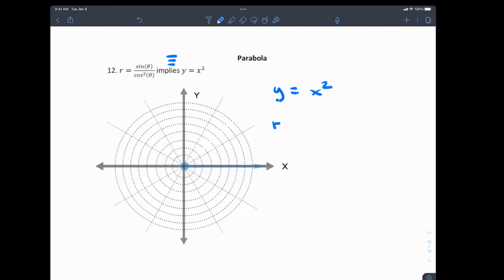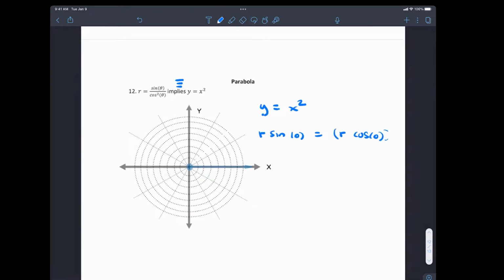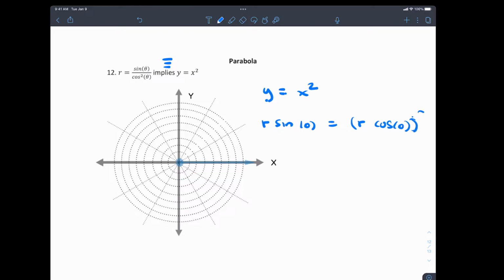R sine theta. Replace x with what? R cosine theta. Just to let you guys know, this is y. That was y, remember? Replace y and x.